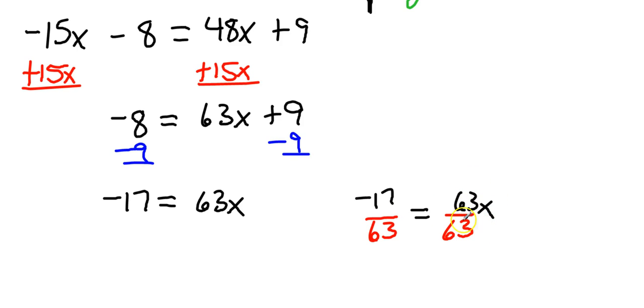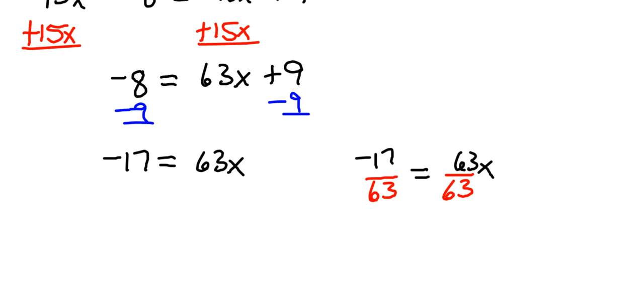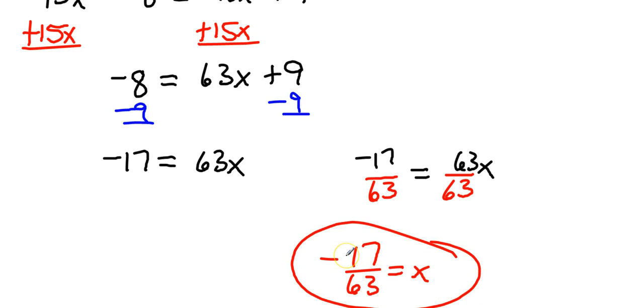So your 63's canceled. 17 over 63 is a fraction. And there's really nothing you can do to simplify that one, so that would be your final answer. Negative 17 over 63. Negative x equals, yeah.